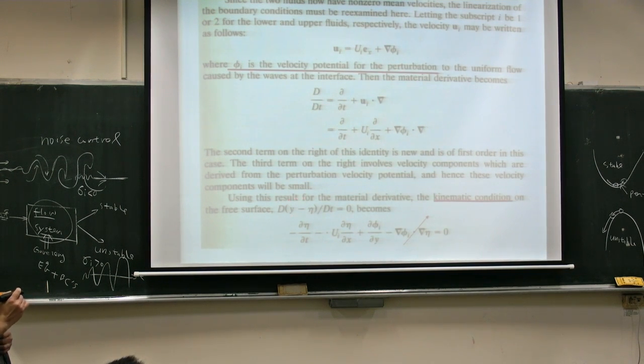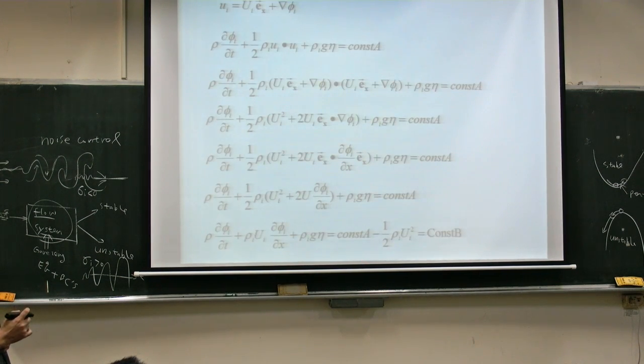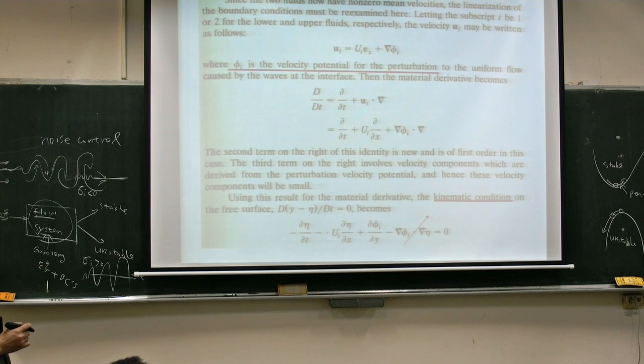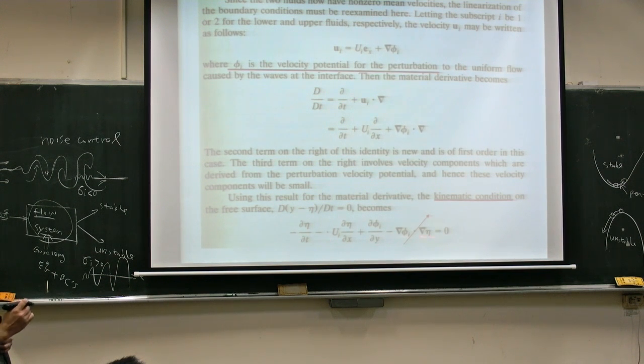Then my argument y minus eta will be put here. I think I did that before, not here. You will eventually get this formula. Once you evaluate this, you get this.